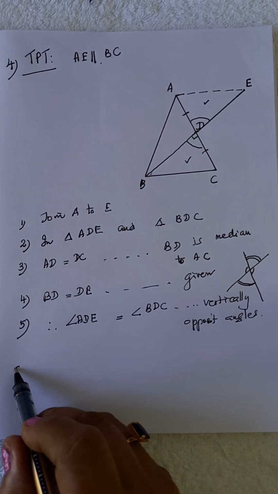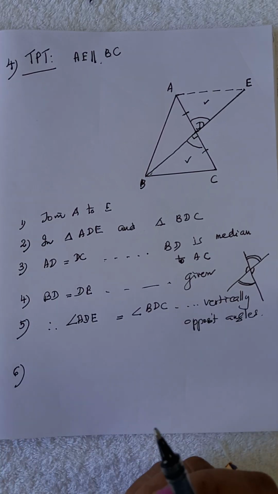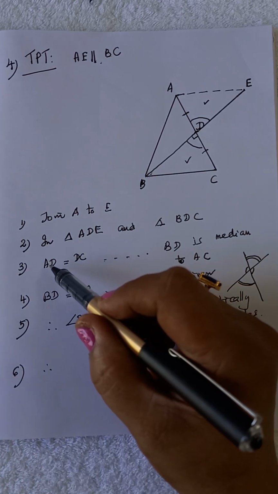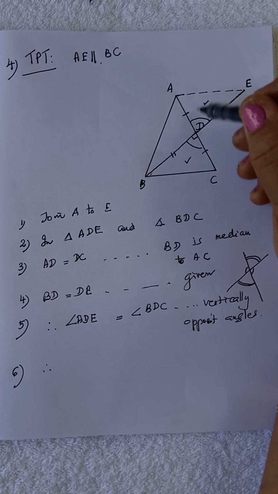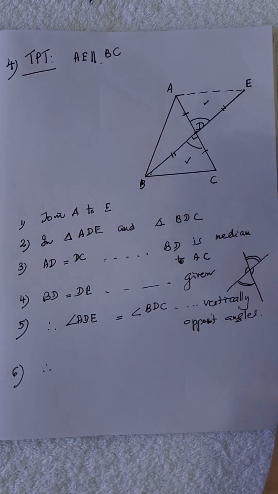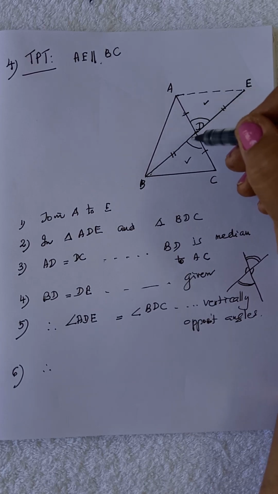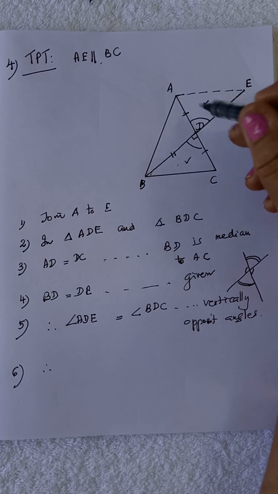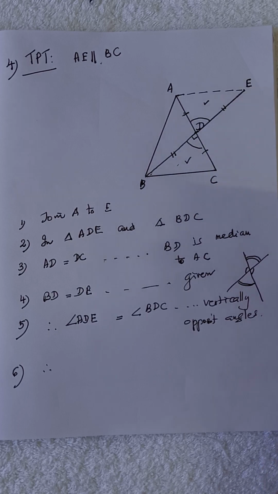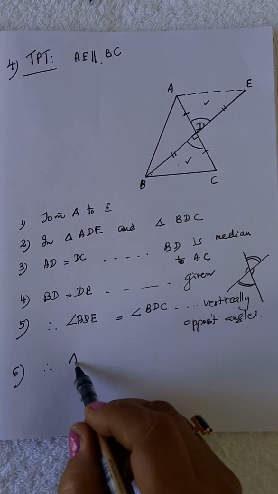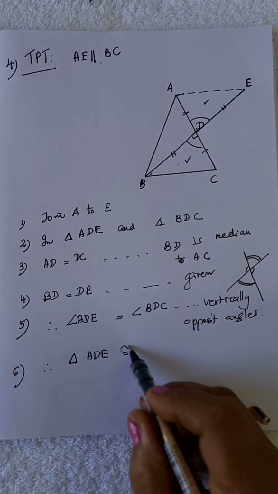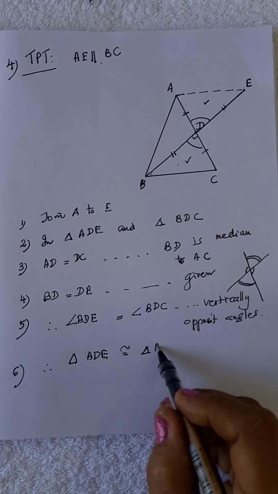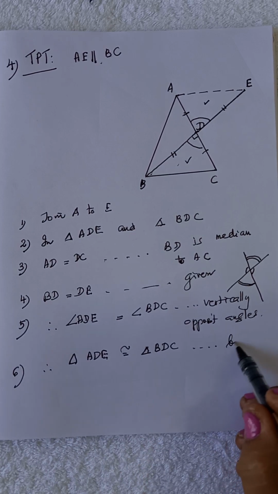Now as next point 6, what you can write here: one side equal, again one side equal, and one angle equal. So side, angle, side. So by what test can we write these two triangles as congruent? By SAS test. So we can write, therefore triangle ADE is congruent to triangle BDC by SAS test.